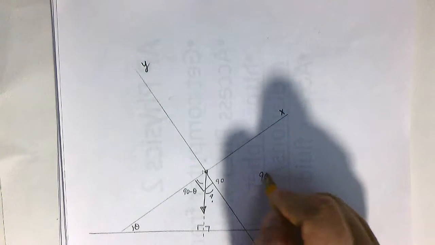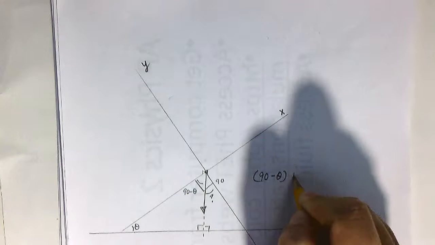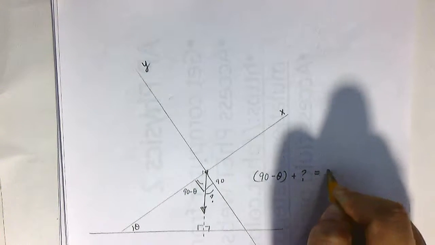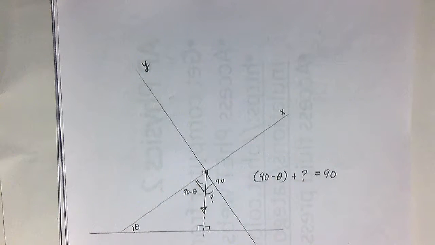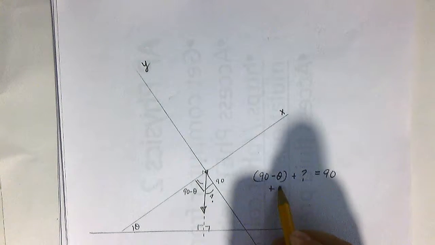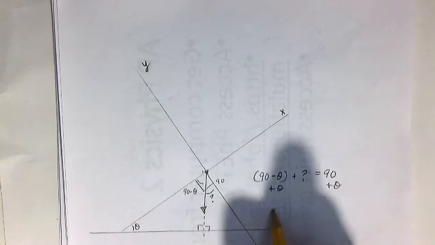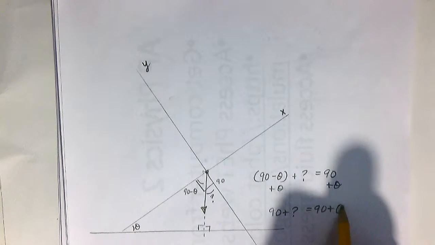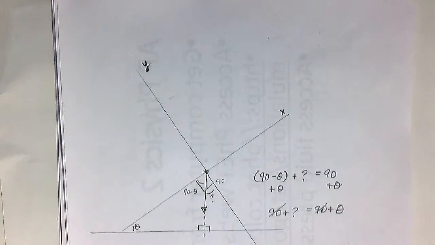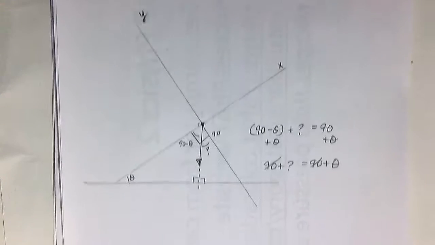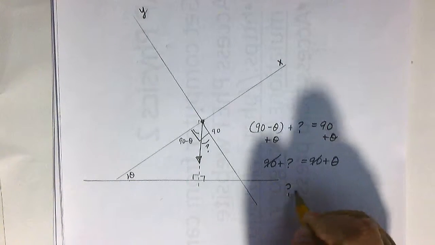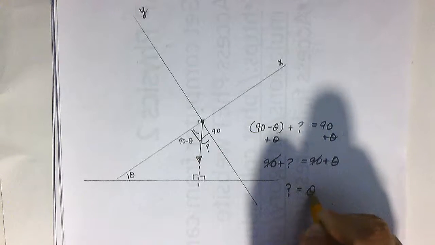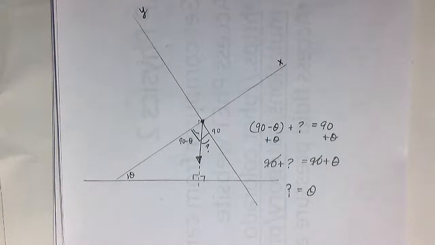So 90 minus theta plus my unknown angle has to equal 90 degrees. If I add theta to both sides, I end up with 90 plus my question mark is equal to 90 plus theta. Well, the 90s cancel out. I can subtract 90 from both sides. So my unknown angle is actually going to be equal to the angle of the incline.